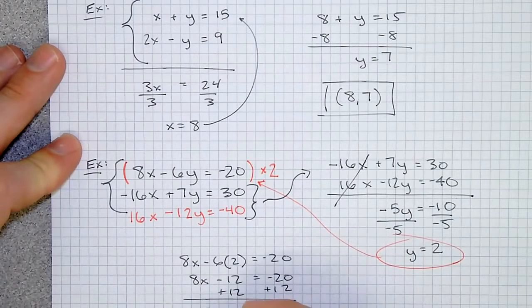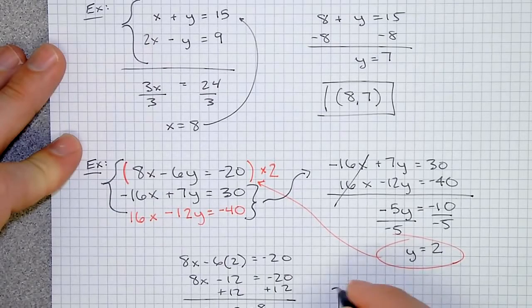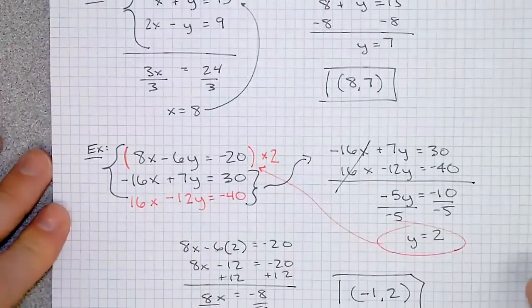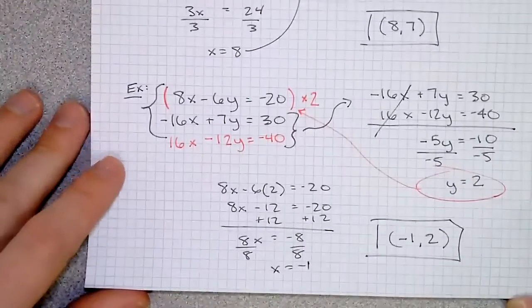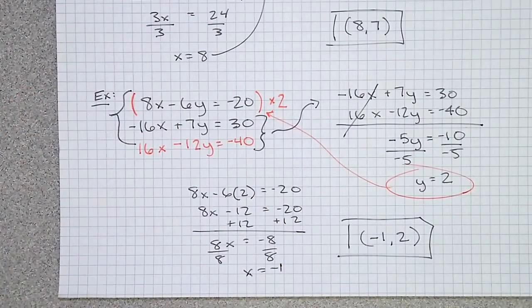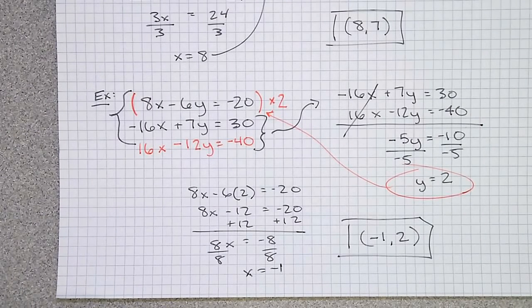And I solve for x, and I get a negative 1. Pretty cool, right?